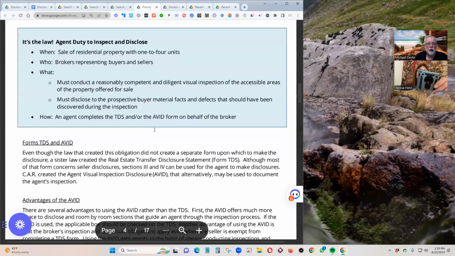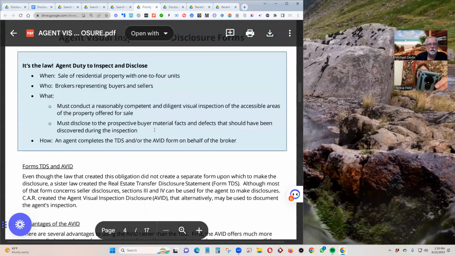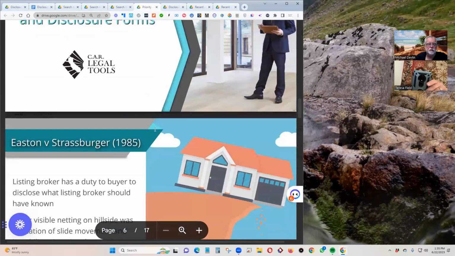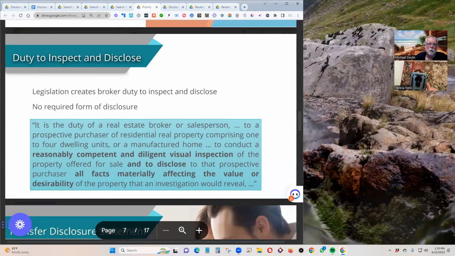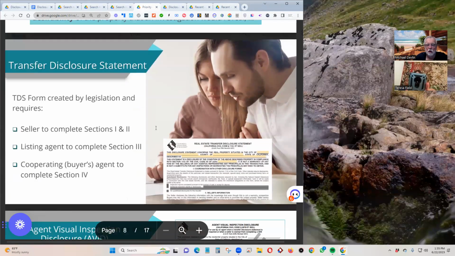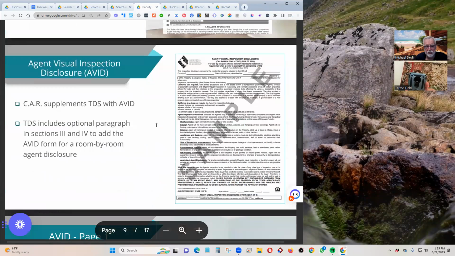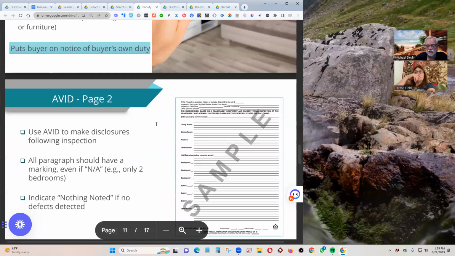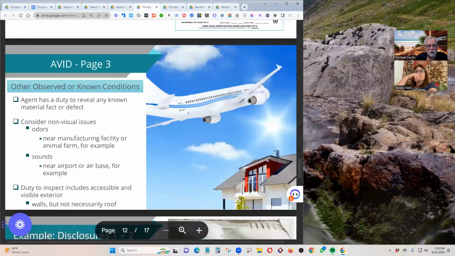All right, now, this is some stuff about the AVID. This is a pretty good slide deck from CAR. They explain why we have the law, the TDS, they go through it. They talk about a summary of what's going on.